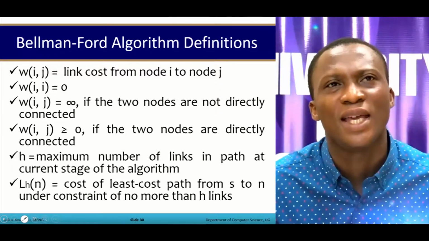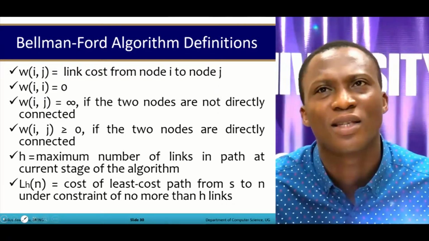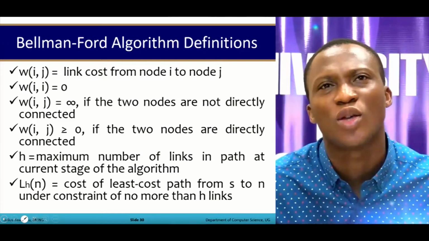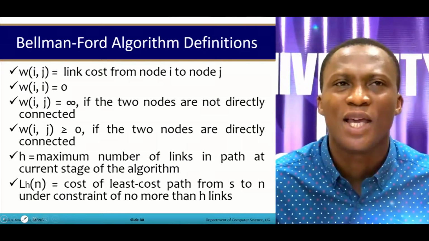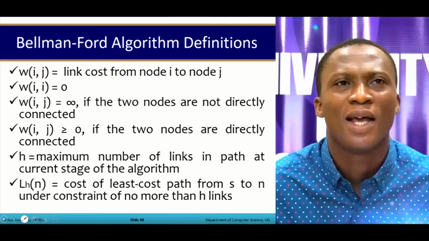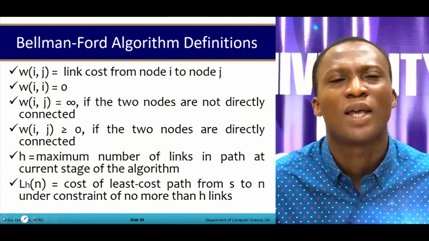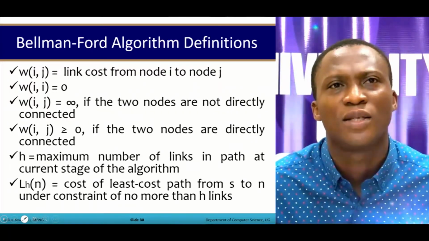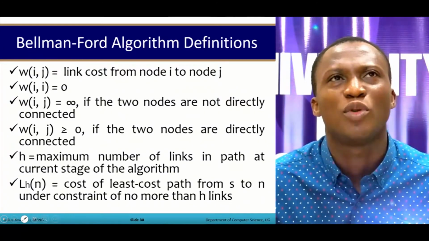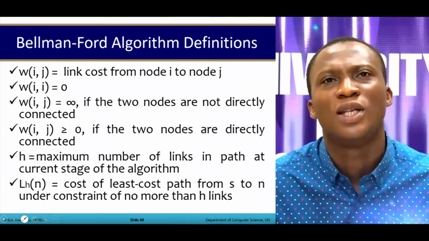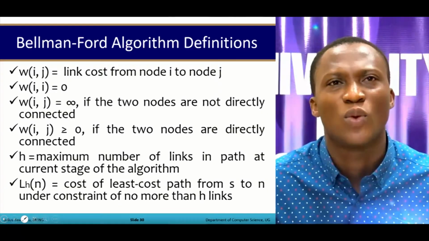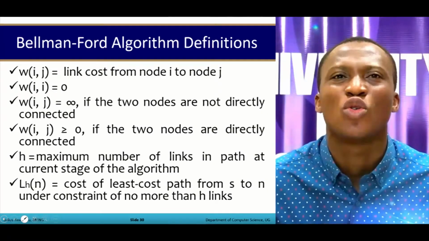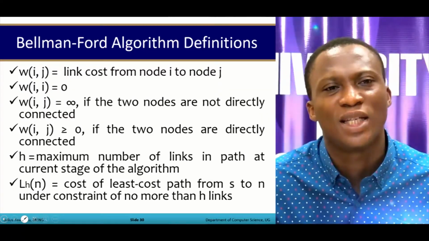Then we introduce an H, which is the maximum number of links in a path at the current stage of the algorithm. Then here also we have the L of n, but here we'll use L subscript H to differentiate between Bellman-Ford and Dijkstra's. And this is the cost of the least cost path from S to n, but here under the constraint of no more than H links.